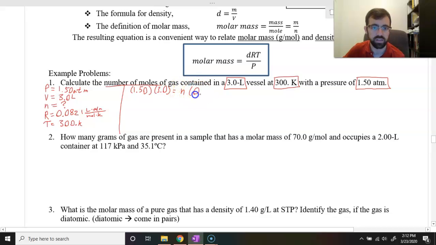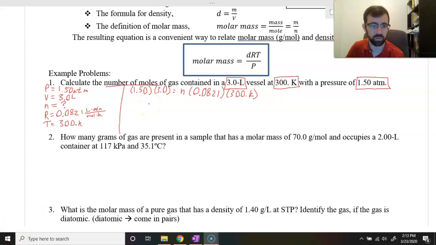R is 0.0821. PV equals nRT. I want to solve for n, so that means I'm going to have to divide by these numbers combined. It's easier to go ahead and just multiply these and then multiply those, and then we're going to divide them. So on the left side, when I do 1.50 times 3.0, I get 4.5.